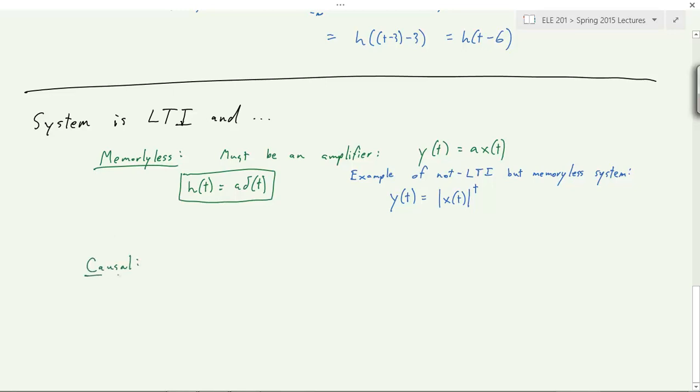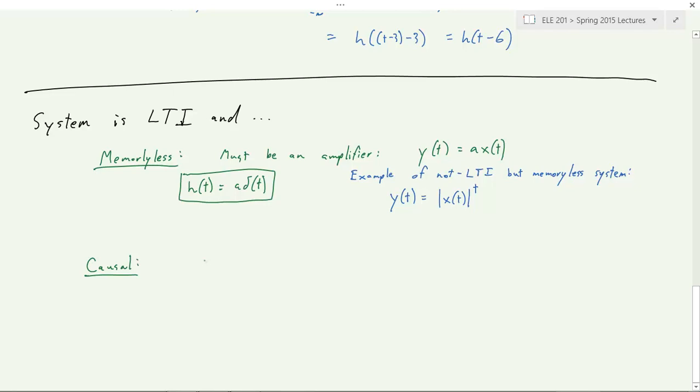What about causal? Can you look at an impulse response and say, yes, that's a causal LTI system, or it's not a causal LTI system? Any ideas? Someone has to have some idea what you would look for.